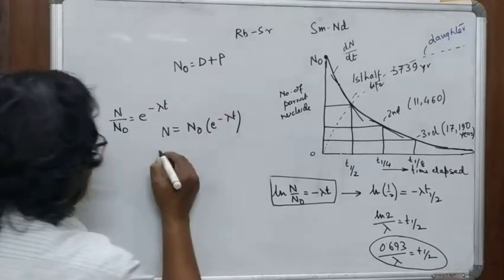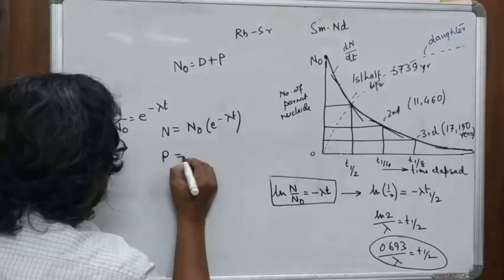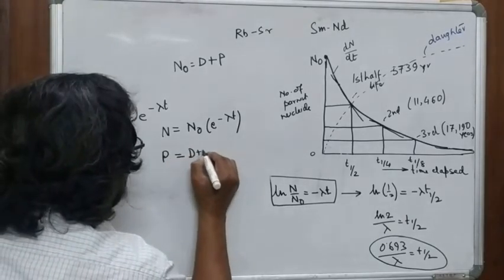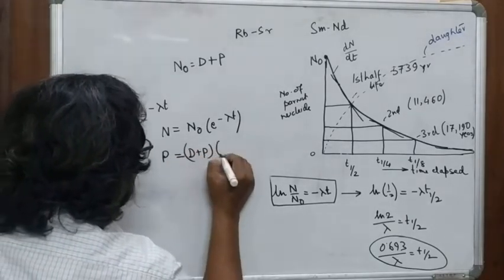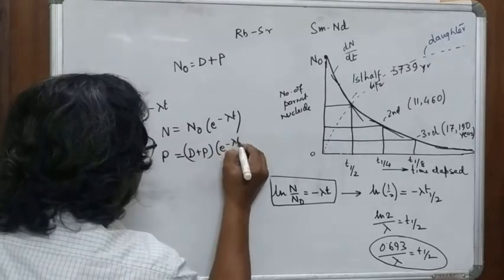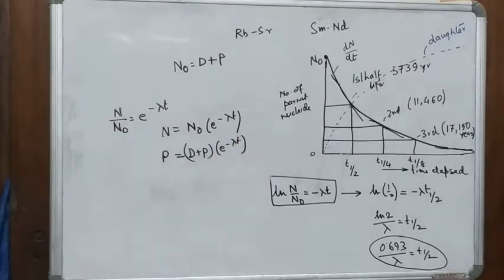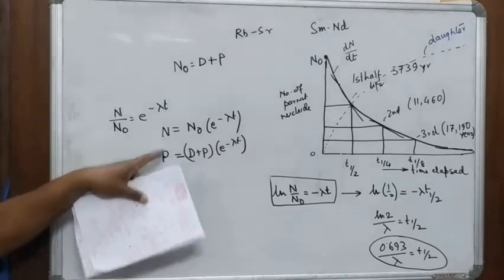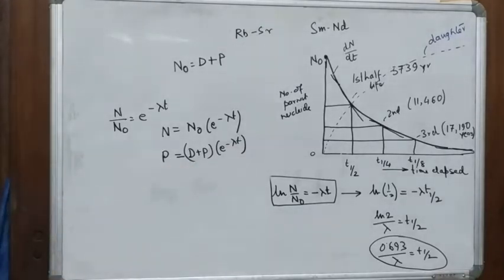And this is N0, then we can write P is equal to D plus P into e to the power minus lambda t. This is P because this is the remaining parent, and this is daughter plus parent.